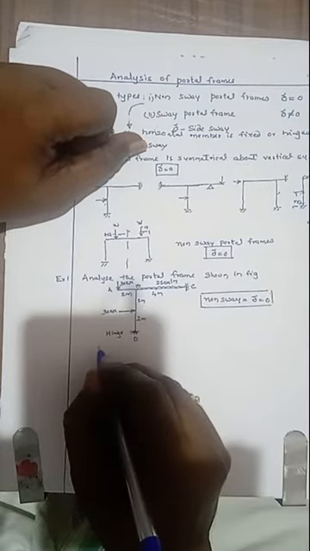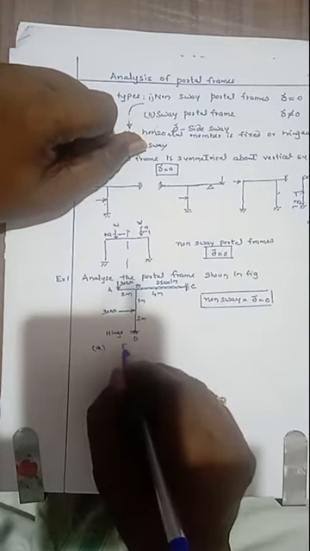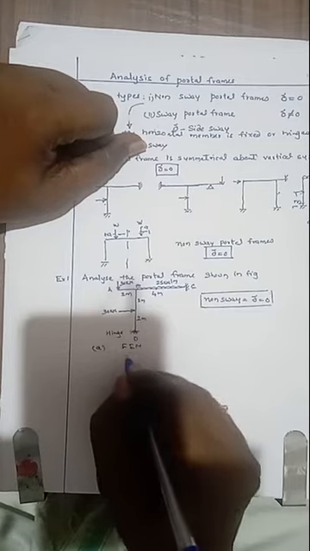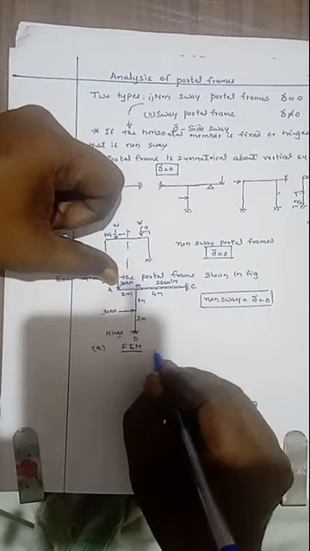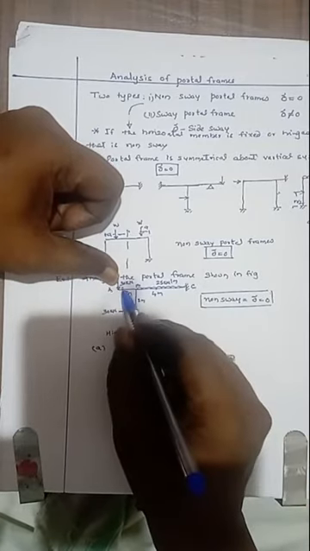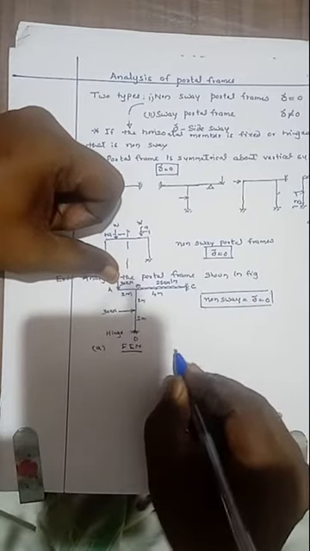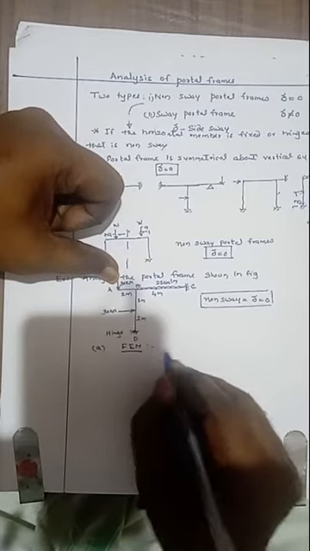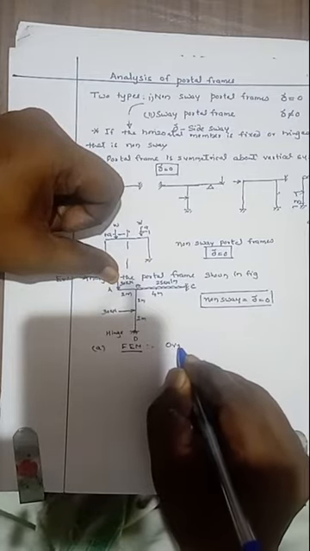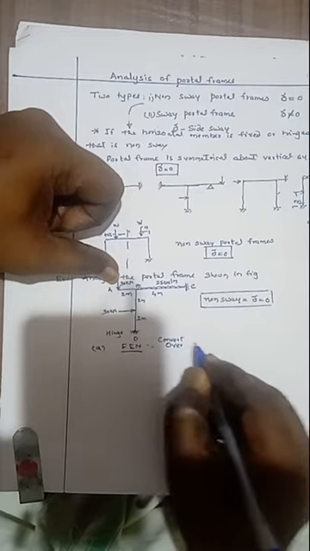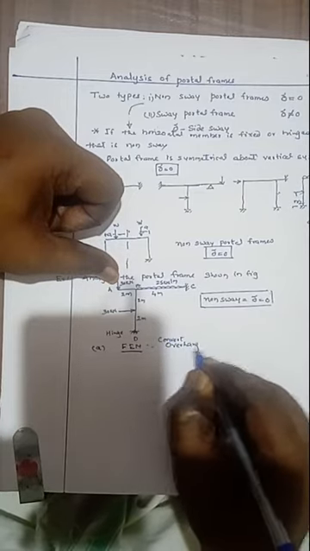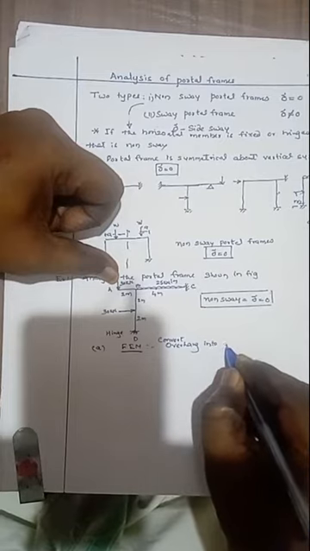Then the first step is, you have to calculate the fixed end moments. Start from point A. Here AB is subjected to a point load of 30 kilonewton, that is an overhang. Then convert the overhang into a resisting moment.